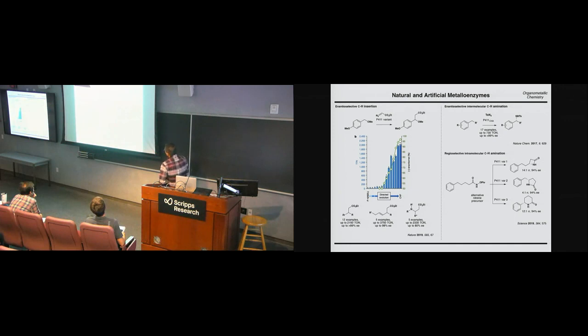They found, I think, three different P411 variants that can do selective formation of different ring sizes of the following amide, ranging from a beta-lactam to a 5-membered ring to a 6-membered ring. And I think this type of selectivity would be really hard to achieve using your traditional small molecule catalyst.